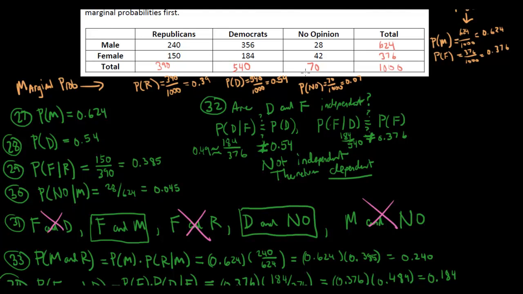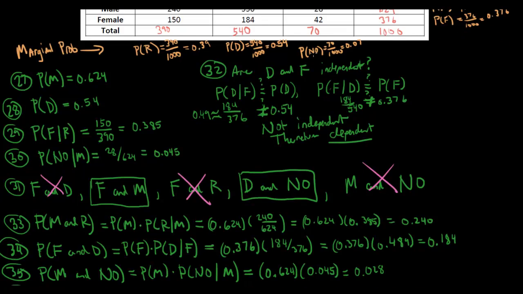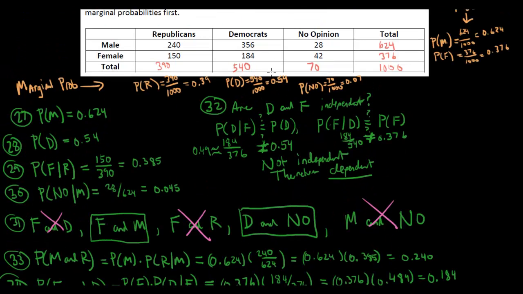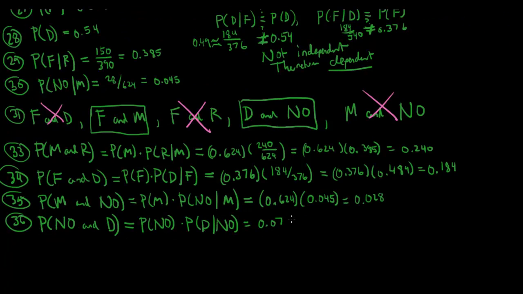So assuming you have no opinion, which means you're in this column, what's the probability that you're a Democrat? Well, it can't happen. If something can't happen, it has a probability of 0. So the probability of being a Democrat, once you're assumed to have no opinion, can't happen. So it's a probability of 0.